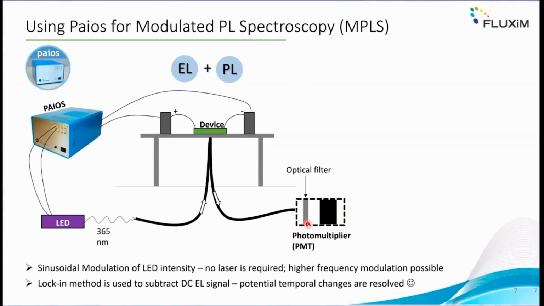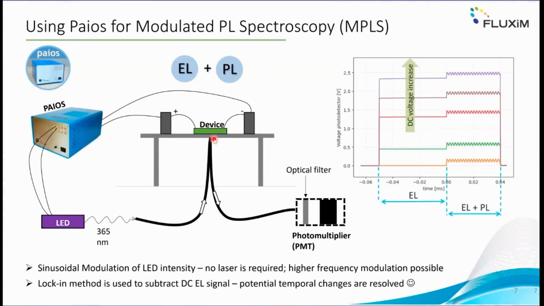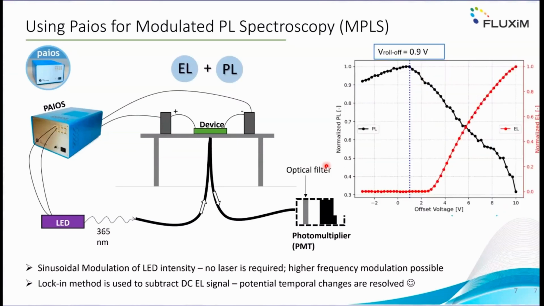Now for PL measurement, we just add an LED at 365 nanometers and we excite at the same time as EL, and we do take advantage of a lock-in method. So we apply a modulated light pulse, and we then can analyze the PL signal without considering the EL part or the ambient light.